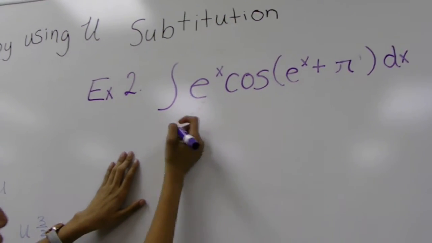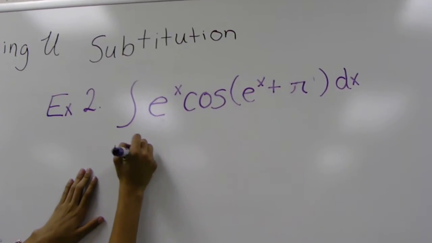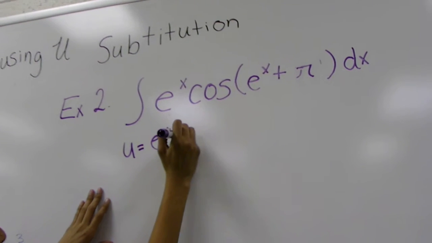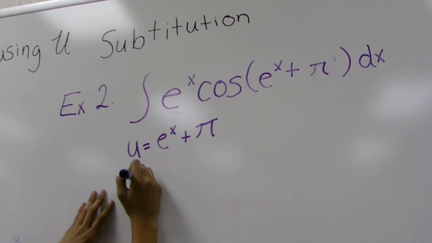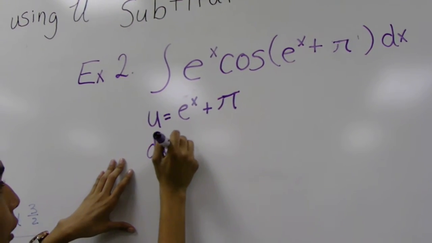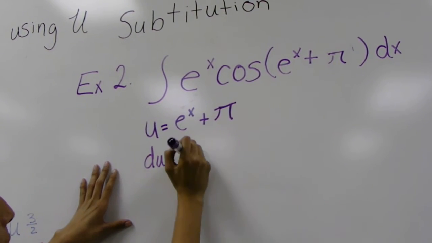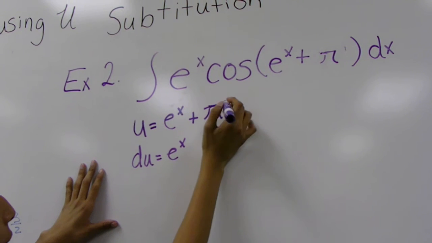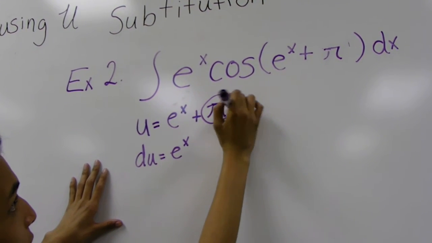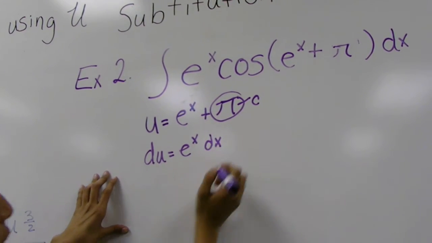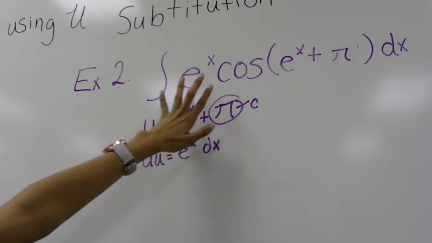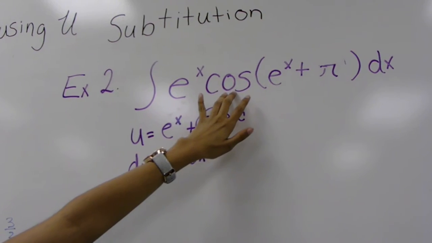So we start by saying that u equals e to the x plus pi. And then we have to take the derivative of that. It's simply e to the x dx. Your pi, don't freak out, it's a constant. So now we already have all our parts except cosine.